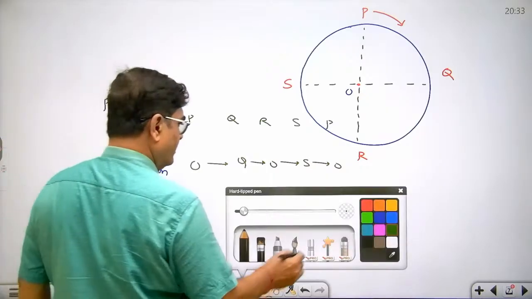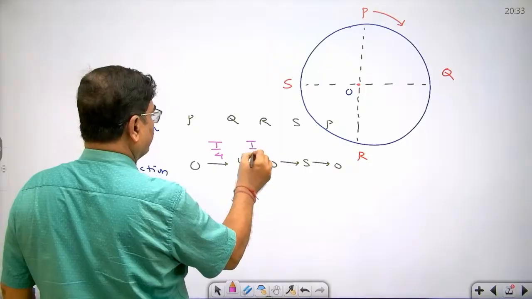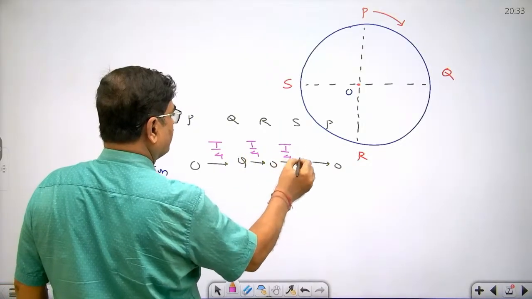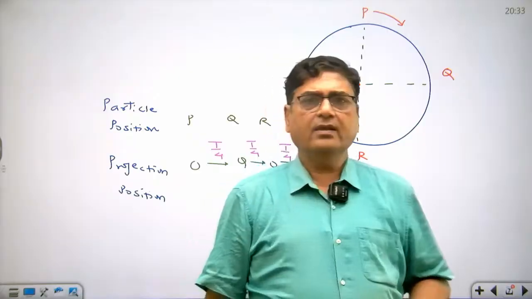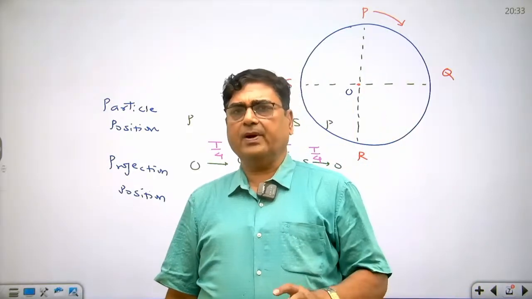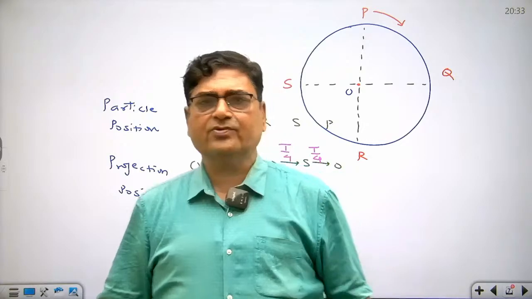So here the time is T by 4, where capital T is the time period. This is also T by 4, this is also T by 4, this is also T by 4. What is time period? Time taken by a particle in one revolution is called time period.